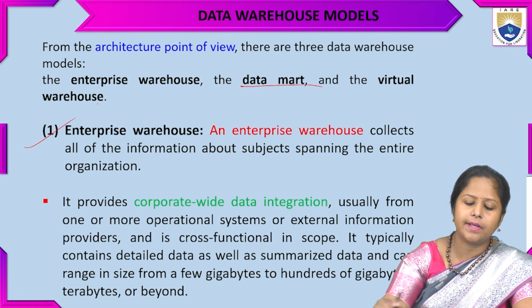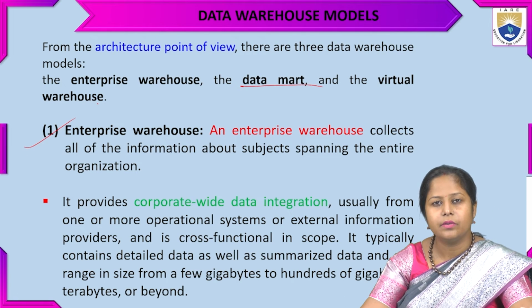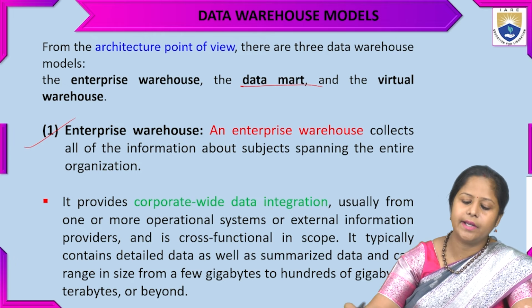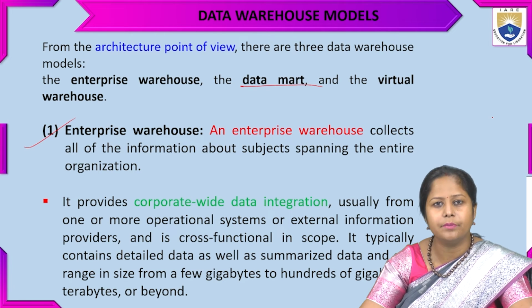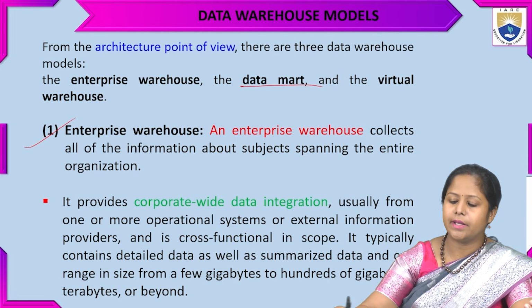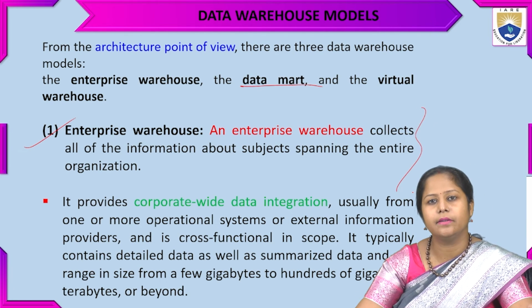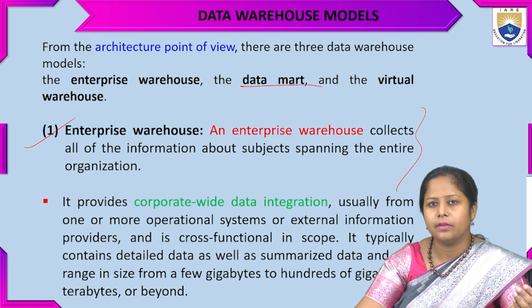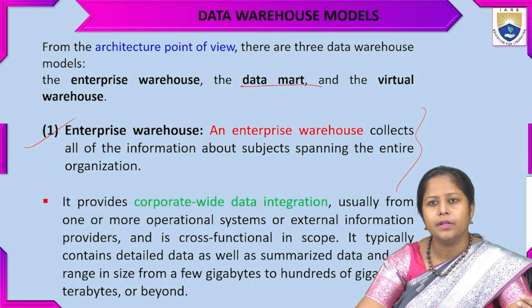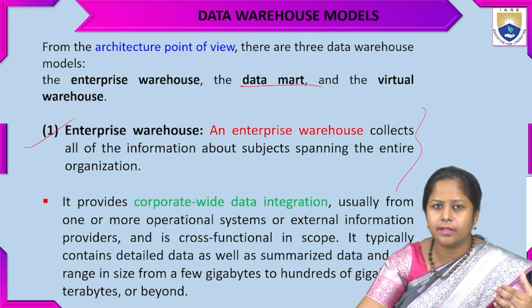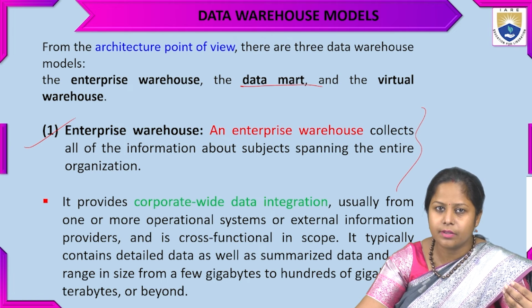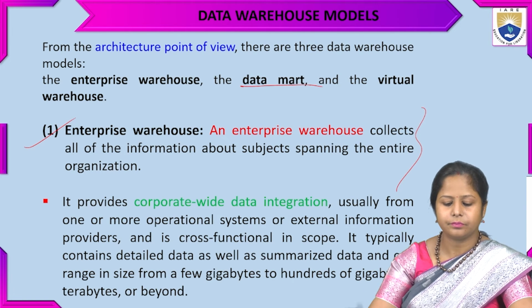The first is the enterprise warehouse. That warehouse collects all of the information about subjects related to the domain, that is related to the business model. It spans the entire organization, so it is basically a business data warehouse. The data is related to some subject or domain.